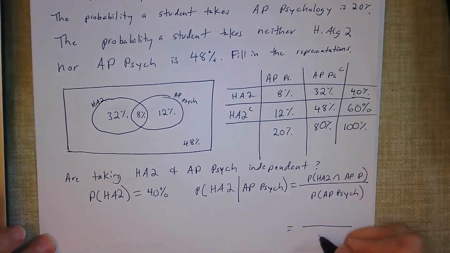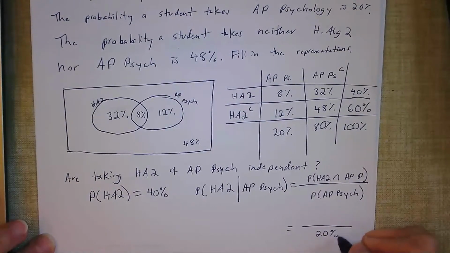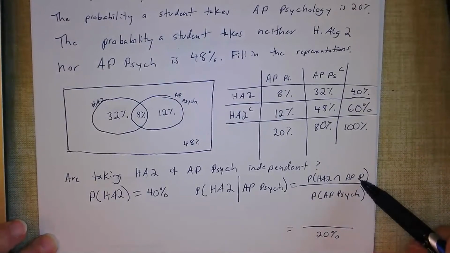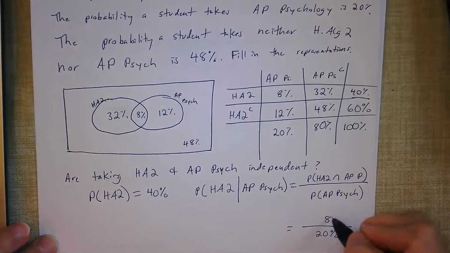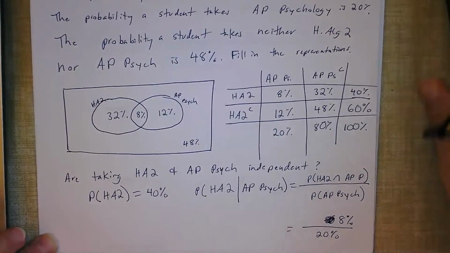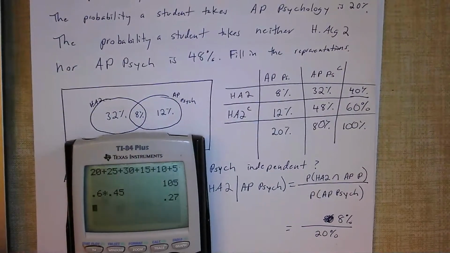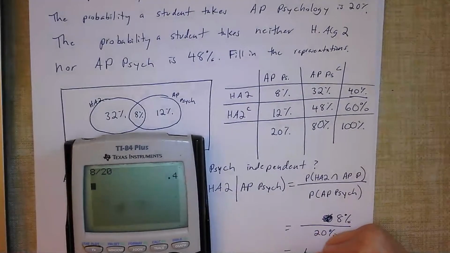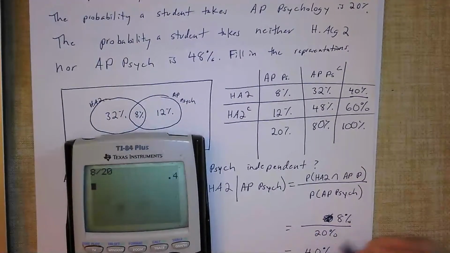Well, I know that 20% of the people take AP Psych. And I know the probability of Honors Algebra 2 and AP Psych is 8%. So now I'm going to divide that out. 8% divided by 20% gives me 0.4 or 40%.